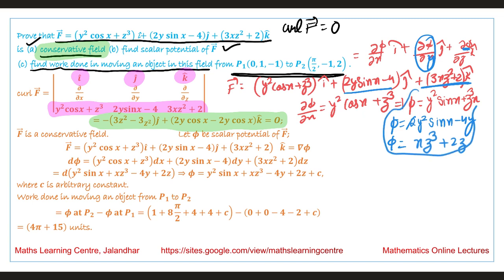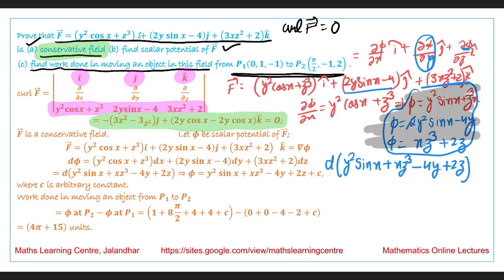So from these terms, the potential function phi, if we calculate the total derivative, has the terms y square sin x plus xz cube minus 4y plus 2z.